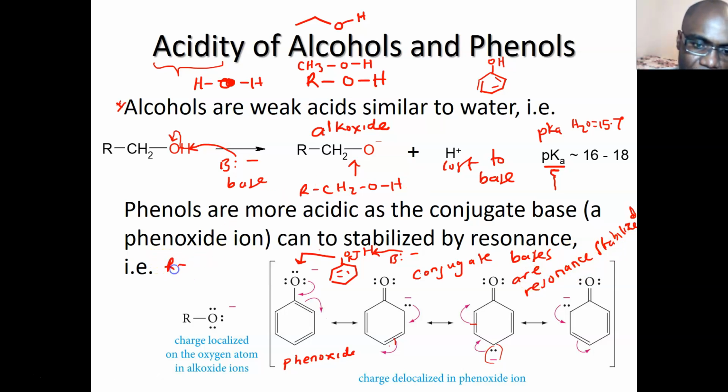So if you have a regular alcohol, for example CH3OH, this one will be a weaker acid than this, because once the CH3OH loses the hydrogen, all you have is an O-, and there's no way to do resonance because there's no pi bond next door. Here, once you lose the hydrogen, you can use the pi bond to do resonance.